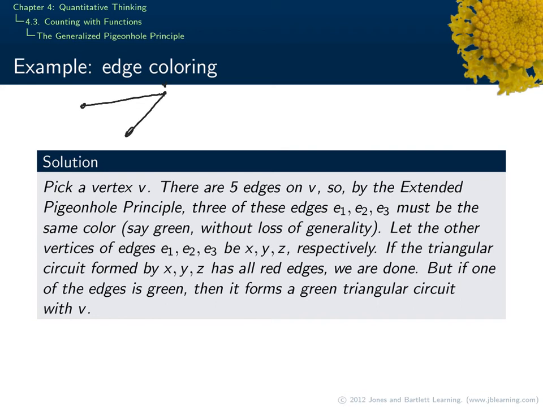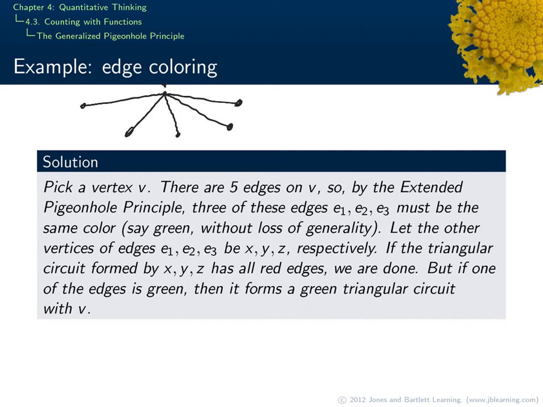There's one. There's one. There's another one, and there's the 5th one. So those are the 5 edges on V. Now, according to the pigeonhole principle, 3 of these edges must be the same color, say green without loss of generality. Okay, so why is that?